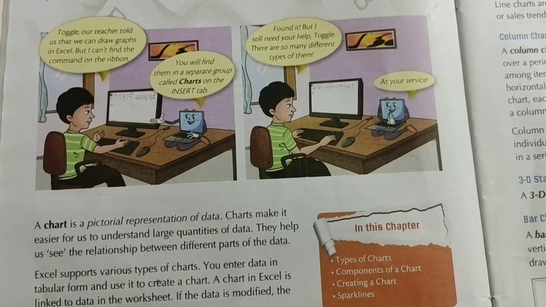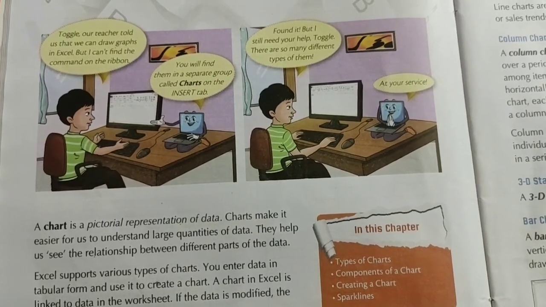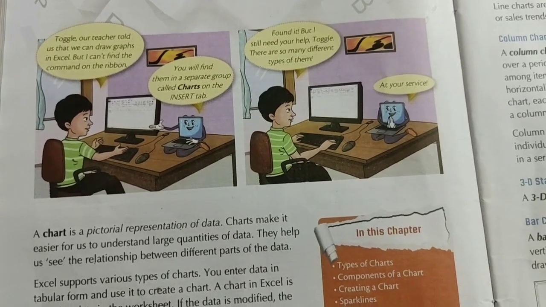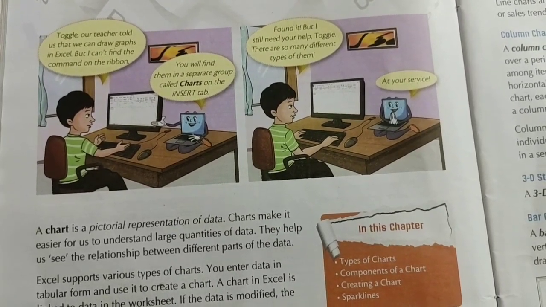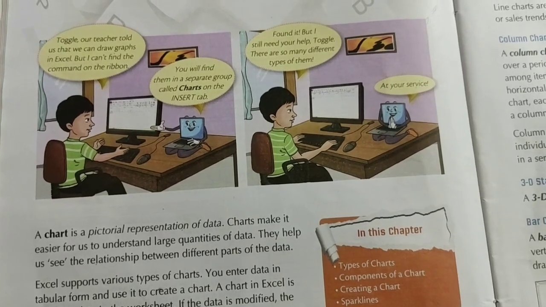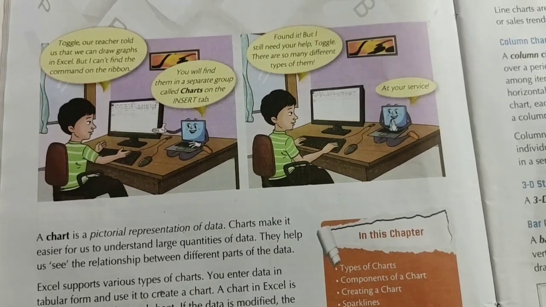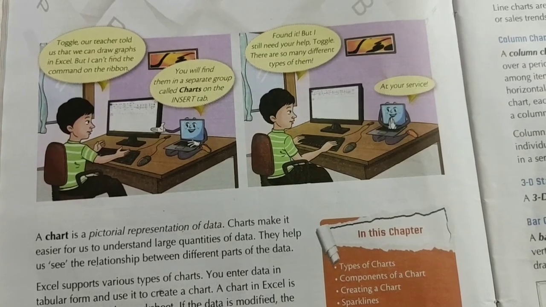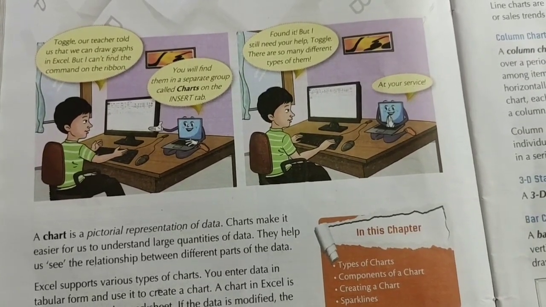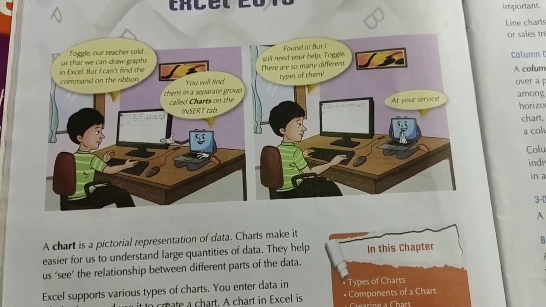They are the column chart, bar chart, line chart, then pie chart. These are all the different chart formats which make it easier for us to understand a large quantity of data. That is a chart. This is what we know about the chart.